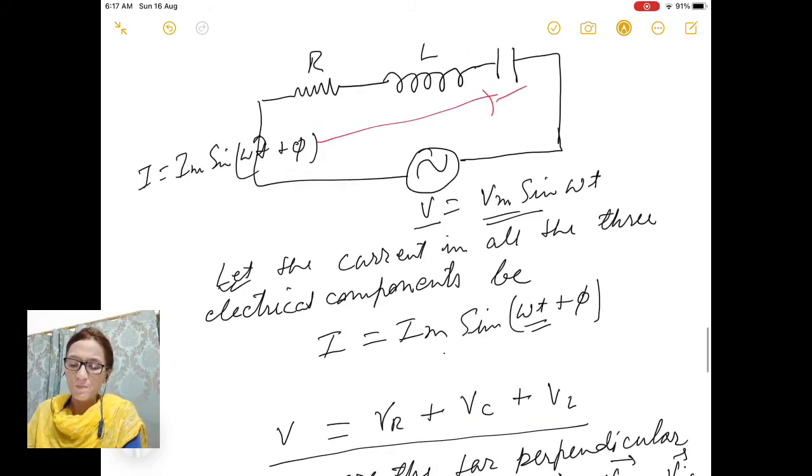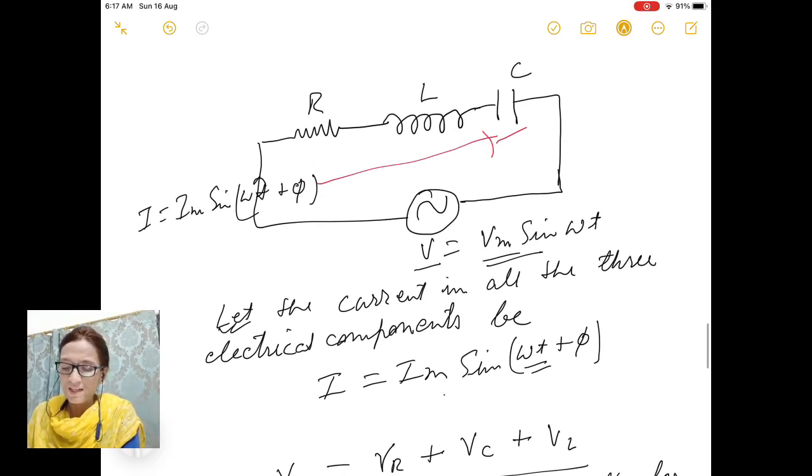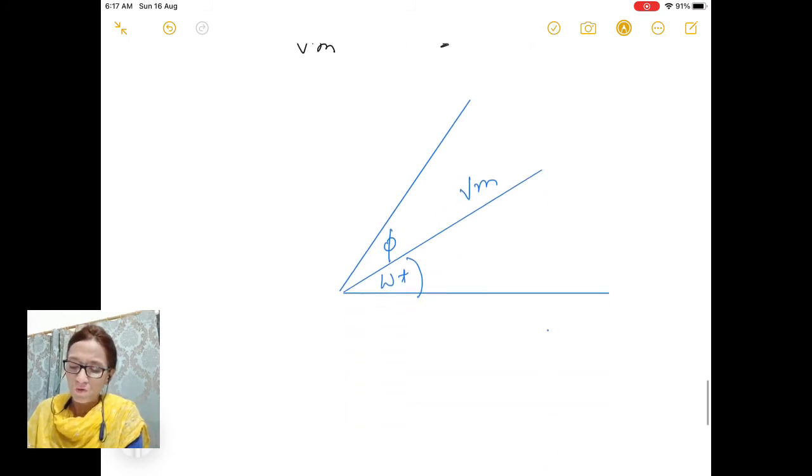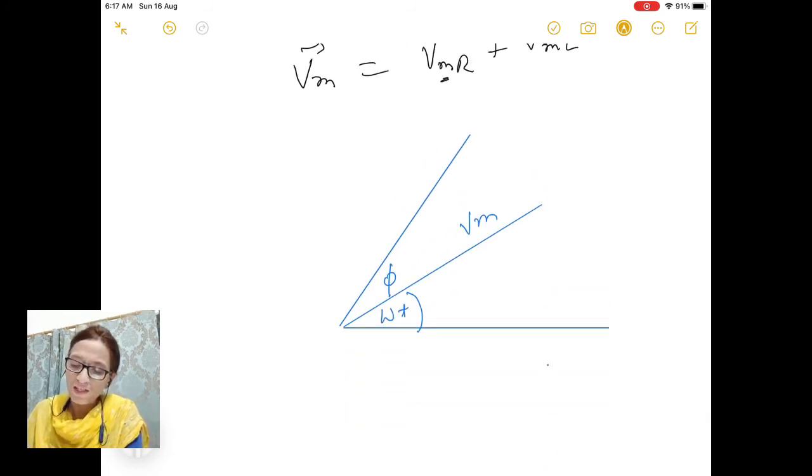Now as given, phase angle of current is omega t plus phi and phase angle for voltage is only omega t. So this is your voltage phasor, will be at angle omega t at time t, and current phasor will lead this voltage phasor by phi angle.